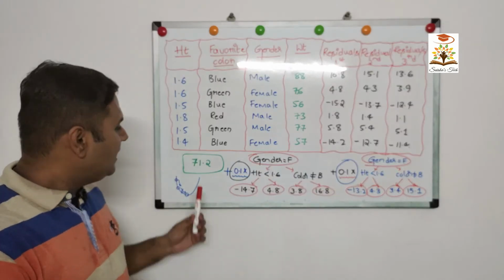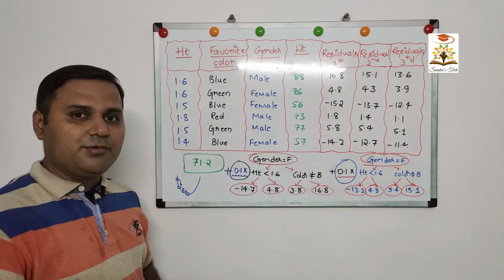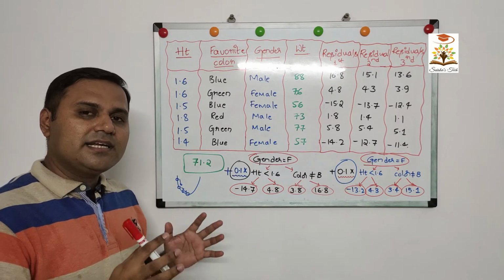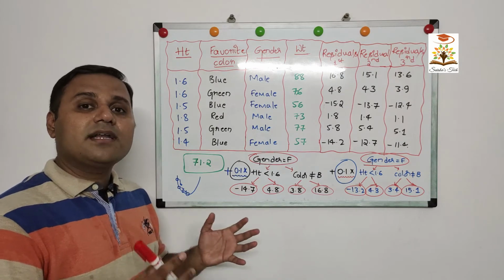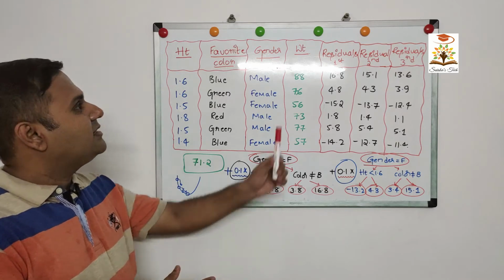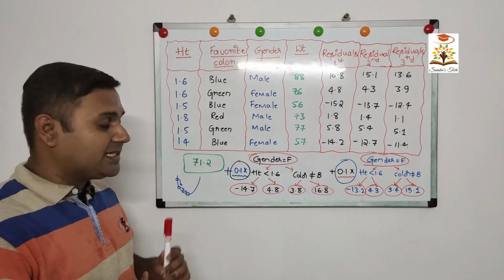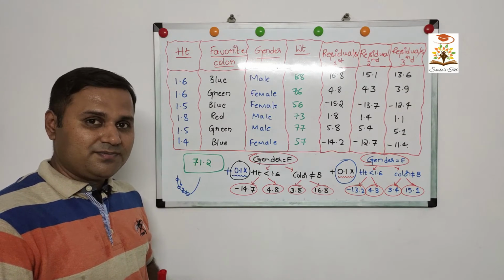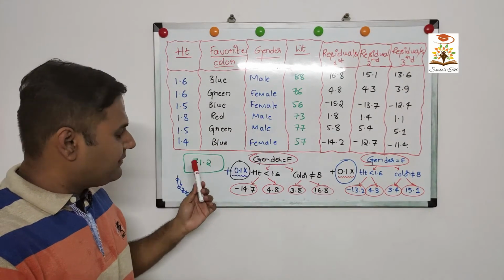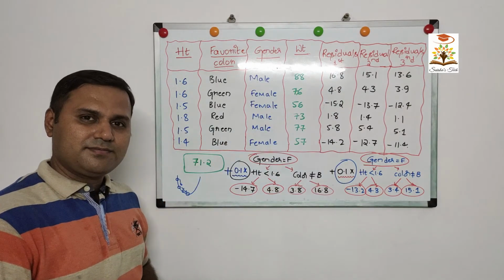In this scenario, 71.2 is the average of our target attribute weight. With that, we will calculate the residuals. Now, what are residuals? Residuals are the difference between the actual target attribute minus our predicted attribute. In this scenario, I am subtracting all the values with 71.2 and we have the first residuals.